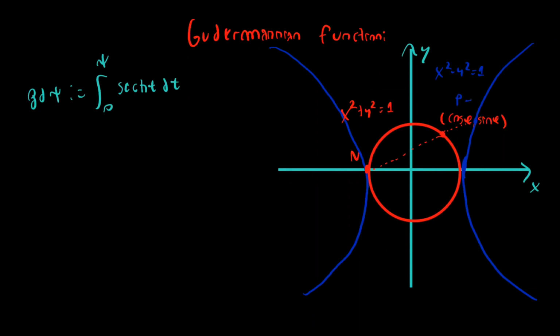And this point P, we know that the hyperbola can be parametrized with the hyperbolic cosine and hyperbolic sine functions. This point we will call cosh psi, sinh psi.